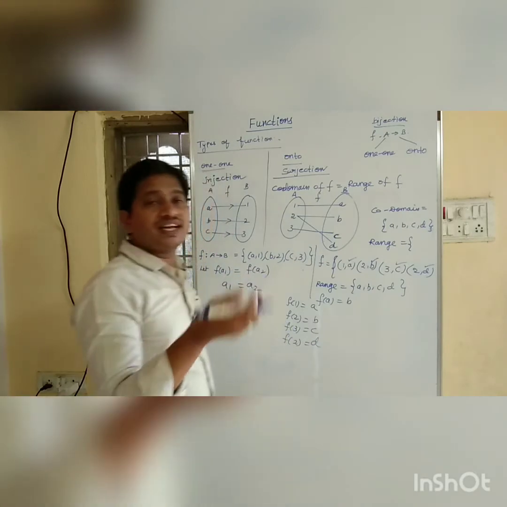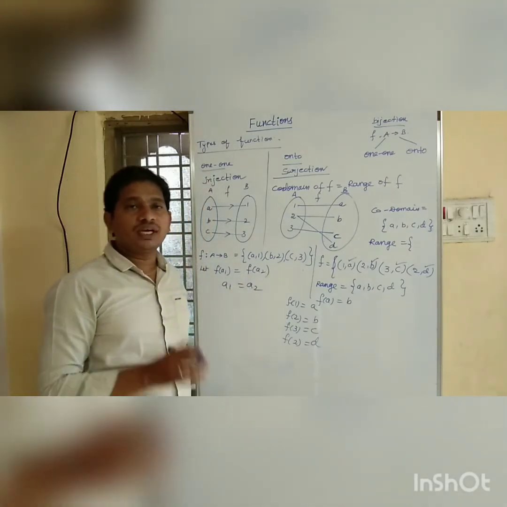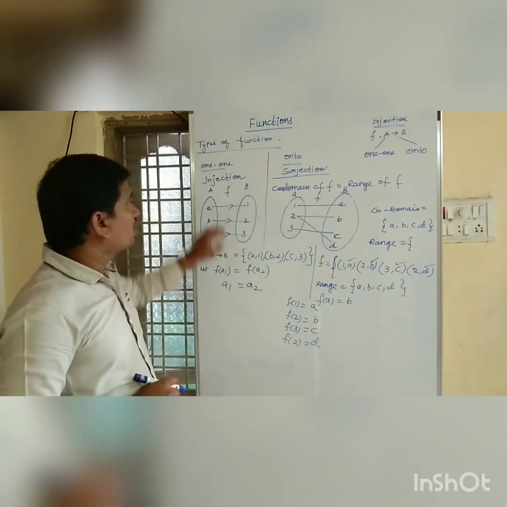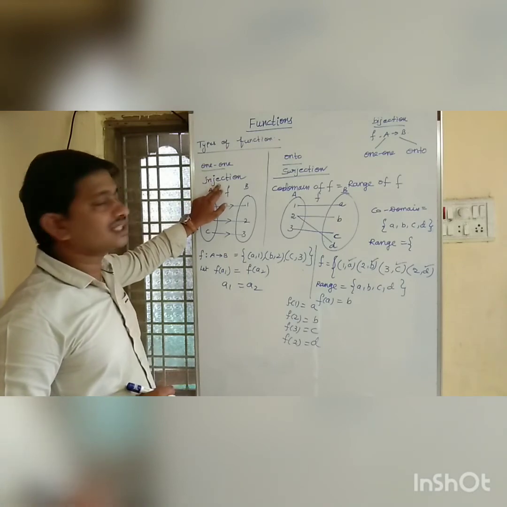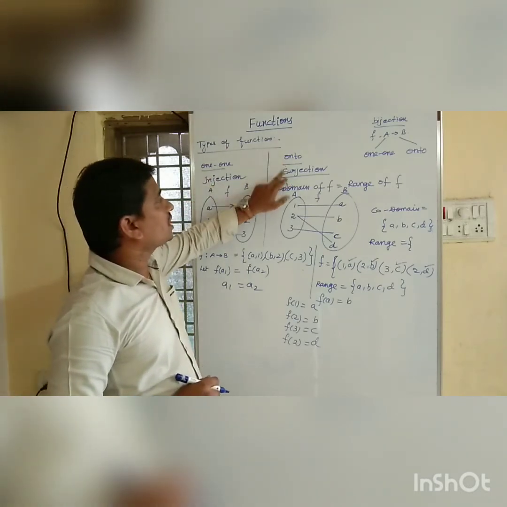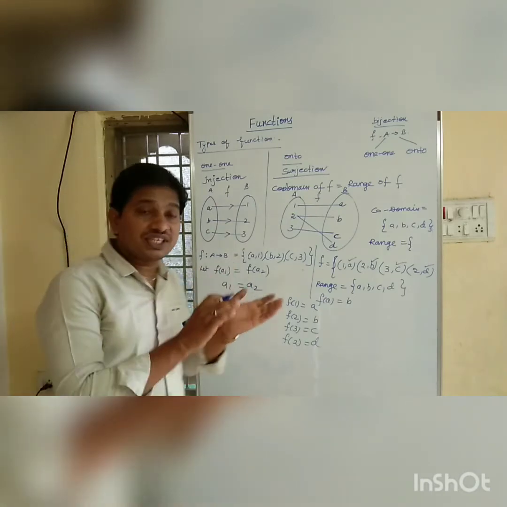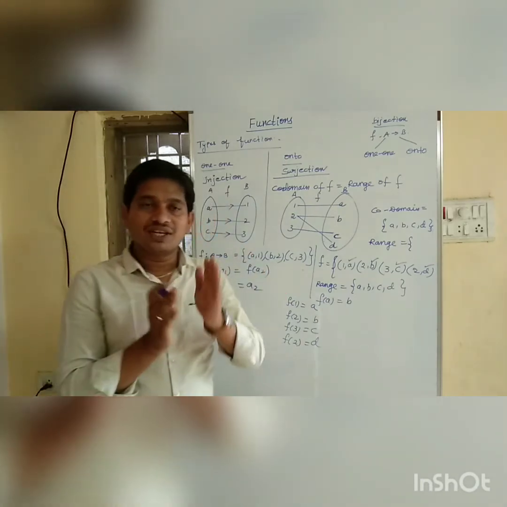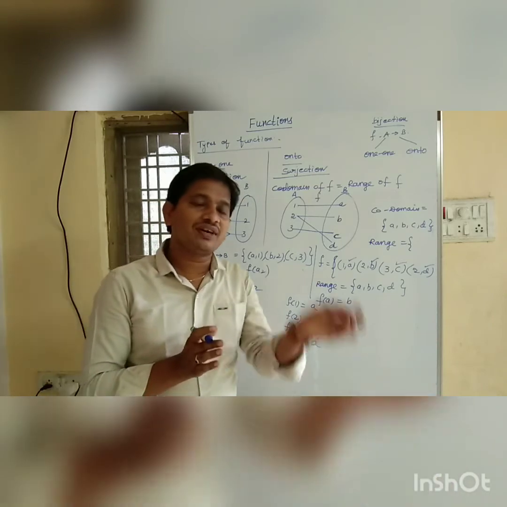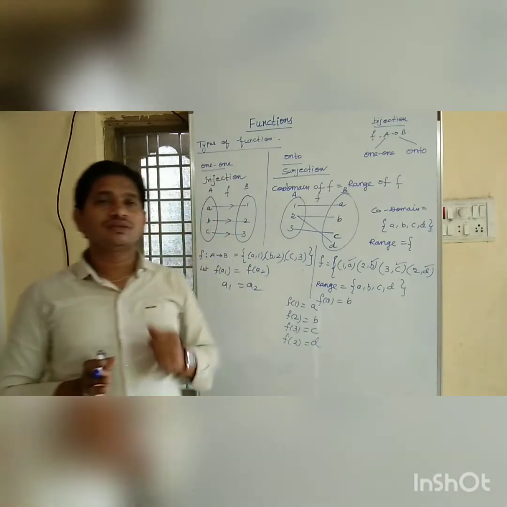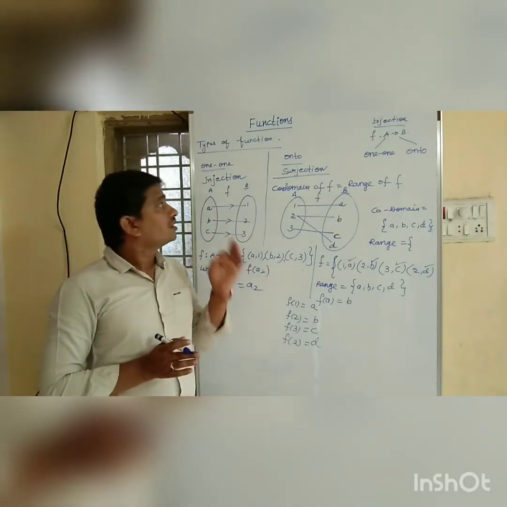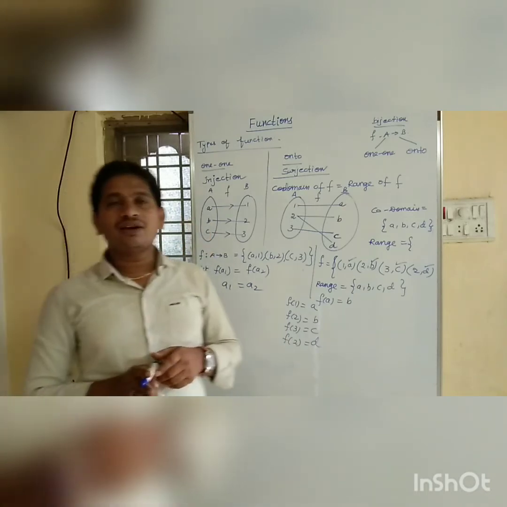Then only we can say that the function is a bijection. Okay, one-one function we can also call an injection. Onto function we can also call a surjection. If the function is a bijection, it should be both a one-one function as well as an onto function.